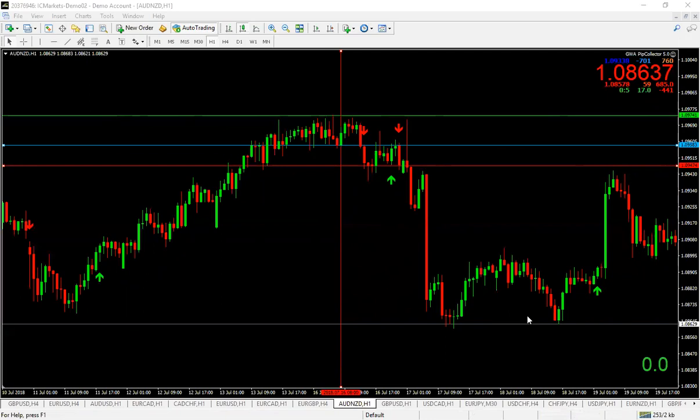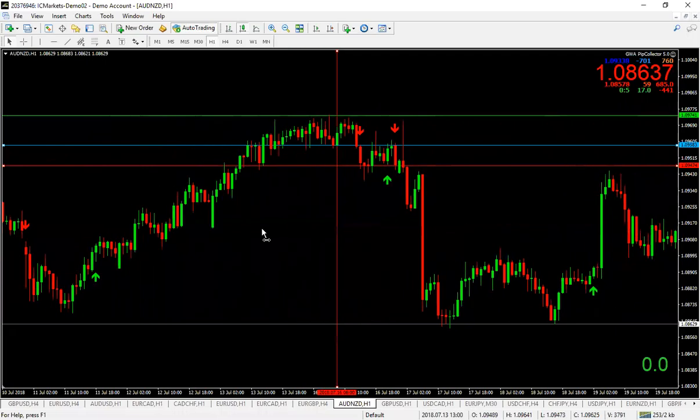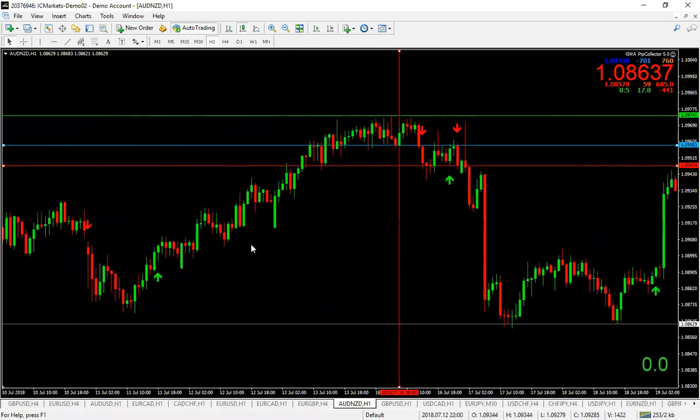Okay. Well, I've heard the comments and all, and just to clarify certain things, like I've been saying for some time now, the new PipCollector 5.0 is programmed to enter the trades a lot earlier. So you can see, with this one, it basically entered close to the low or the demand zone.